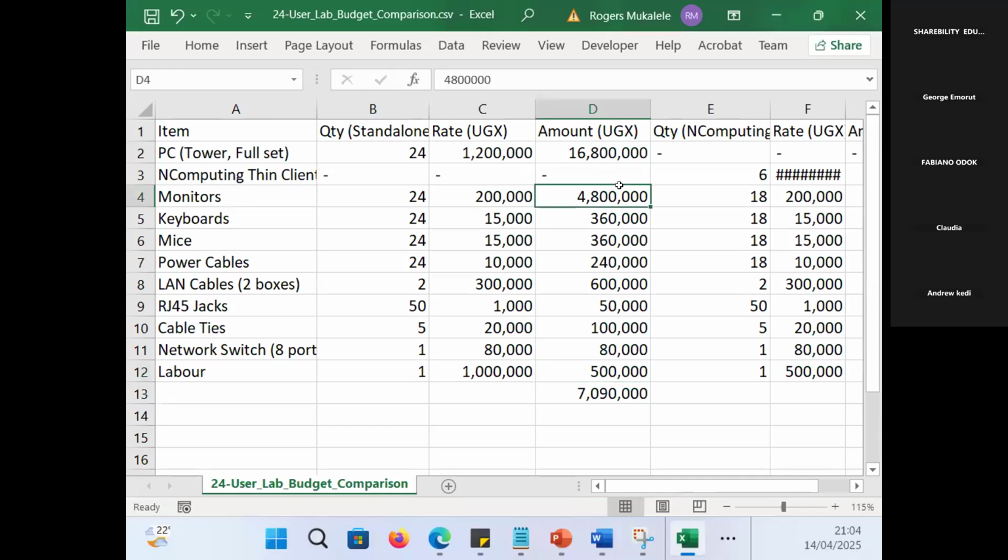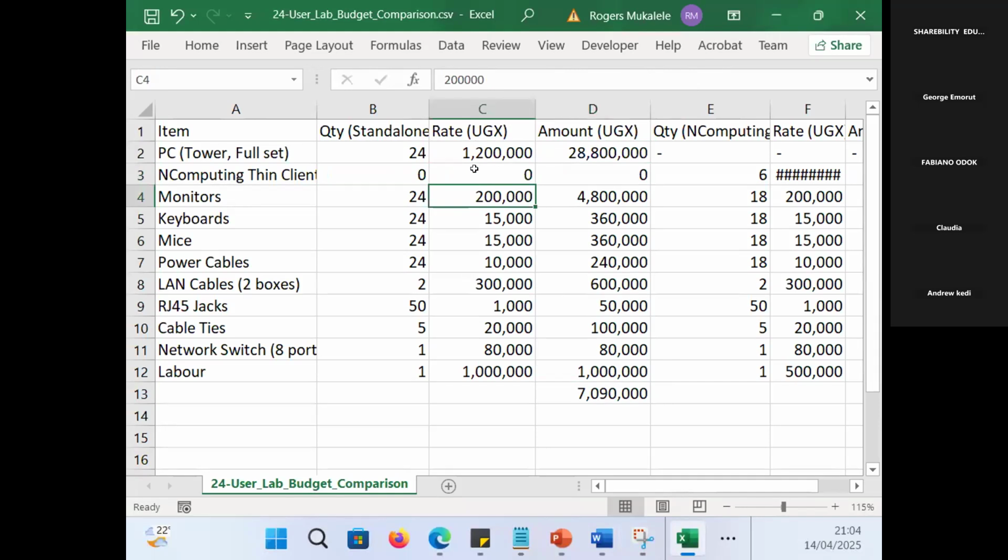Okay, so let me just do a multiplication here. This is going to be this times this, and then I'm going to have something like this. This is a 0, this is another 0.